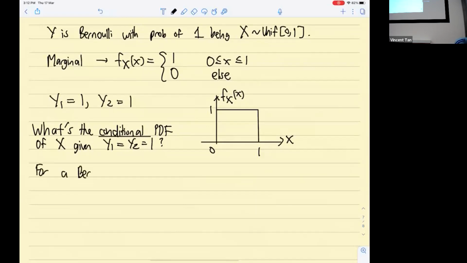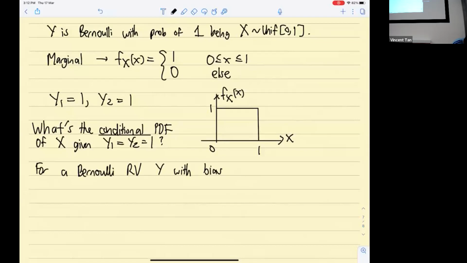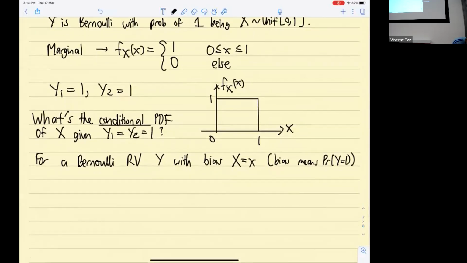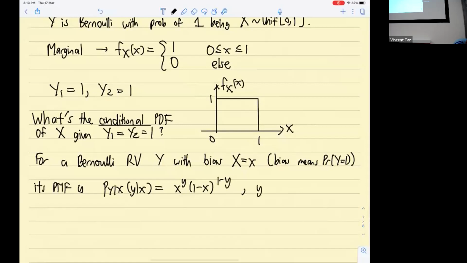For a Bernoulli random variable y with bias x, where bias means the probability of y equals 1, its PMF is given by x to the power y, times 1 minus x to the power 1 minus y, where y is 0 or 1.